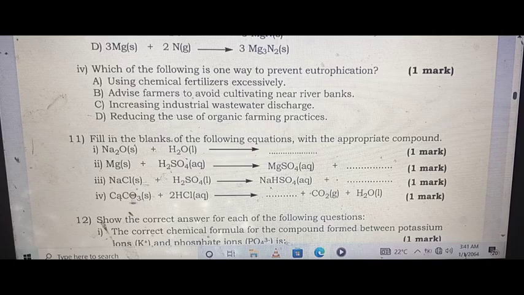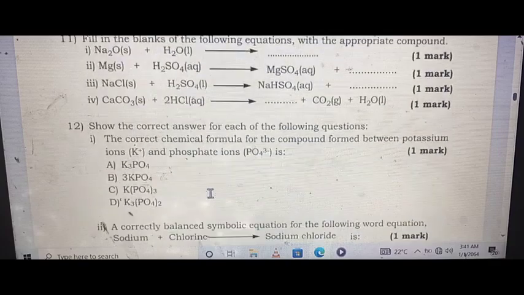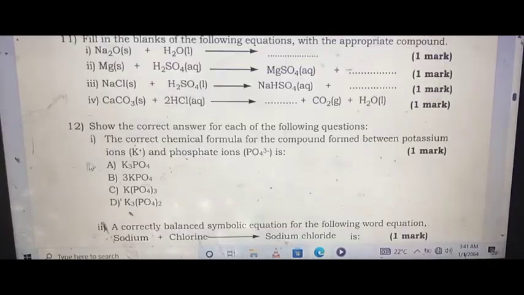4. Calcium carbonate reacts with hydrogen chloride to form... and carbon dioxide and water. The correct answer is calcium chloride. Question 12.